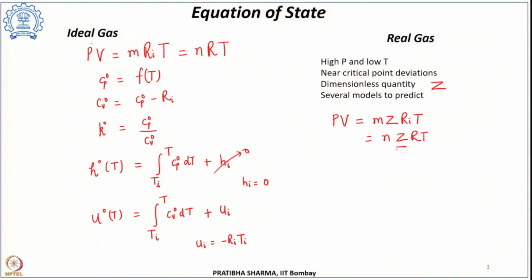Next are the ideal gas equations and real gas equations. This is important for the equations of state. The ideal gas equation is PV equals mRT or nRT. P is pressure, V is volume, m is mass, and R is the gas constant. T is the temperature. n is the molar mass, and R is the characteristic gas constant.